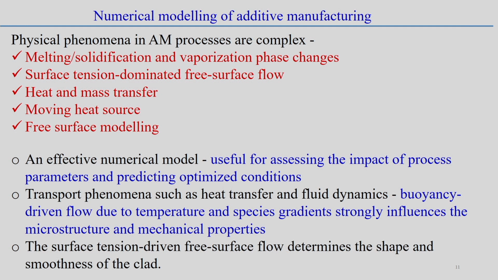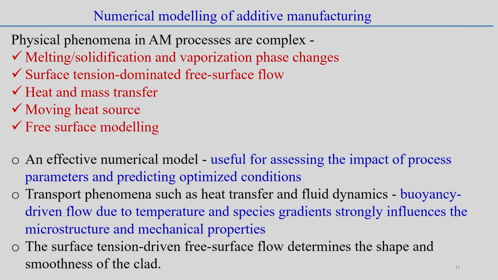Now, looking into all these physical aspects and developing a single model is really a very difficult task, in terms of computational time and computational cost as well. So in most cases, we look into the individual components and analyze them, or we try to develop different models at different scales.